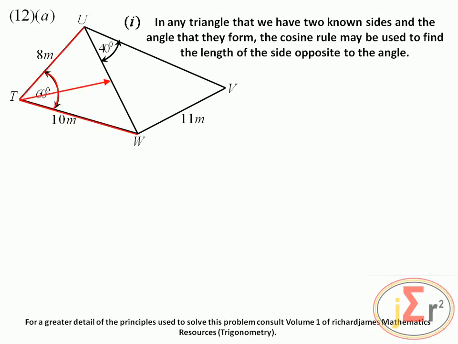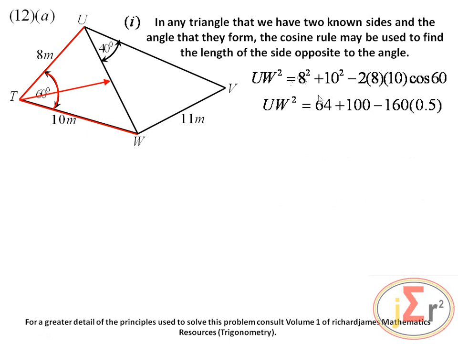And of course, we have UW squared is 8 squared plus 10 squared minus 2 times 8 times 10 cosine of the angle that the two sides form, which is 60 degrees. So, simplification: we square 8, the result is 64, and we square 10. Of course, cos 60 is 0.5, which is easy to manipulate.